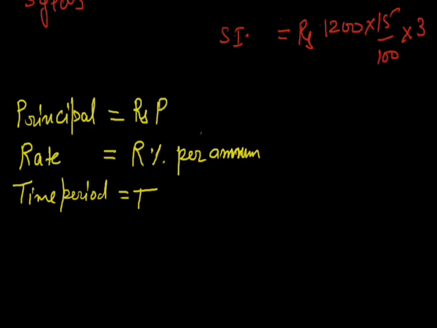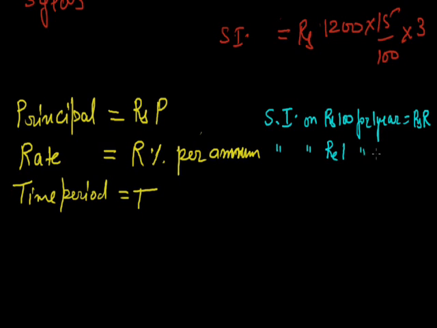Since the rate is R% per annum, the simple interest on ₹100 for 1 year is ₹R. Similarly, simple interest on ₹1 for 1 year will be ₹R/100. Now since we have to calculate for rupees P, simple interest on rupees P for 1 year will be rupees P into R/100.